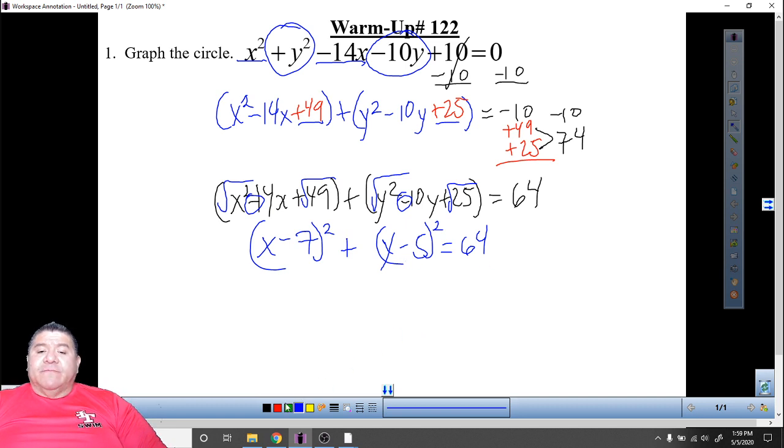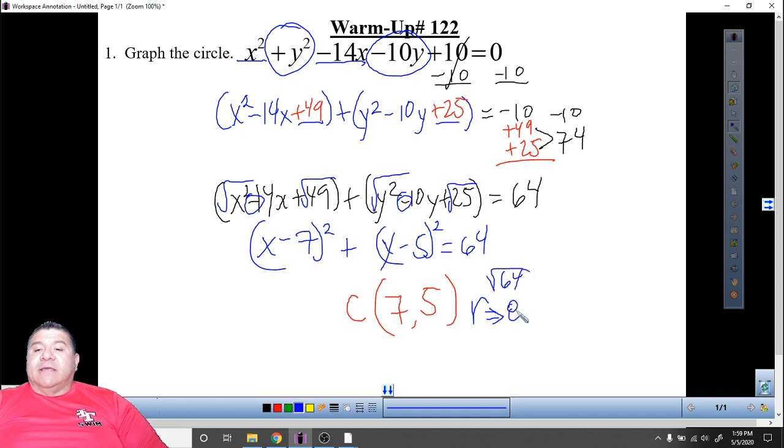So let's graph this. What do we need? We need a center for our circle, and that is (h, k). So what is it? (7, 5). And our radius squared is 64, so we take the square root of that, so the radius is 8.